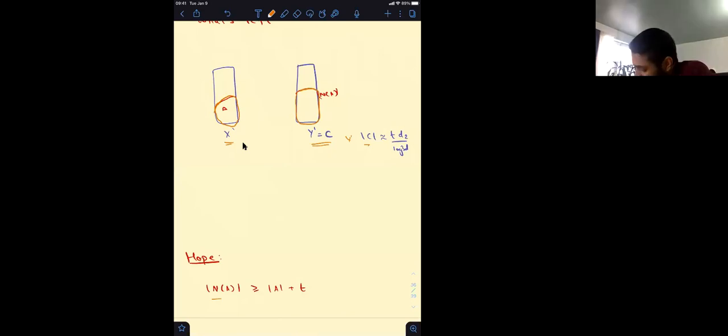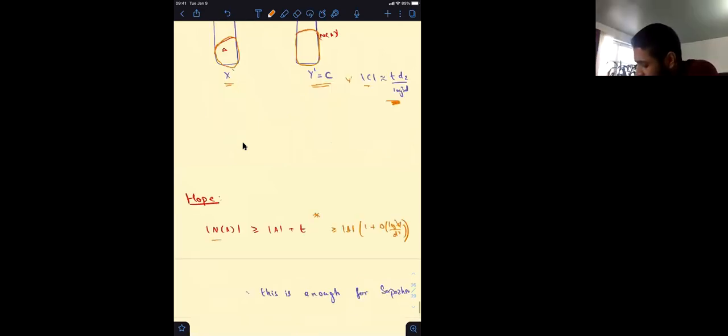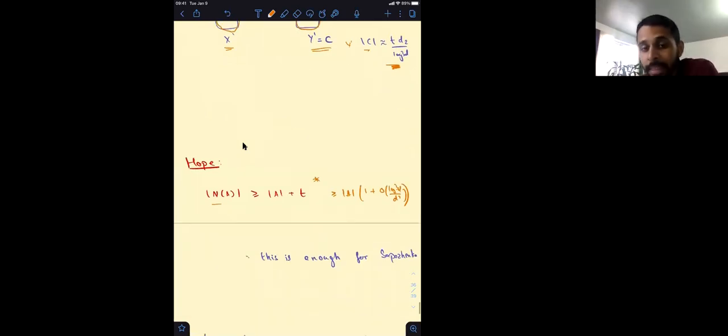But the key is that A itself is so small, because it's a very tiny graph, that this is at least A times 1 plus epsilon. This is whatever Sapozhenko requires to make the proof work. So the hope is that the conditions previously required just hold, and that is enough for Sapozhenko.